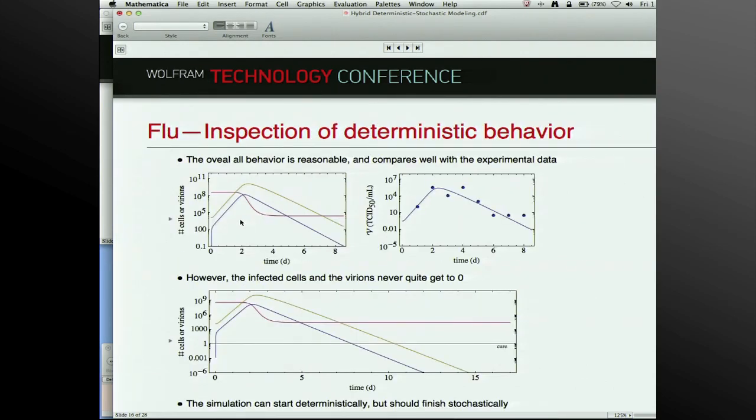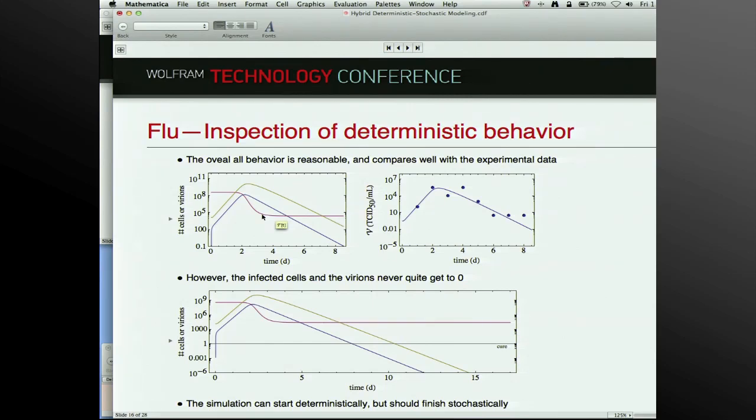Okay. If you solve the system deterministically with the differential equations, we have the virus starting out here with no infected cells, and all the cells are healthy, and we start infecting cells, so the infected cells come up and the healthy cells go down. This is a target limited model, which means that the healthy cells don't reproduce.